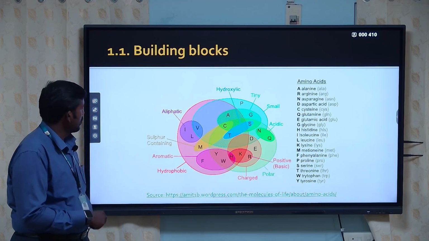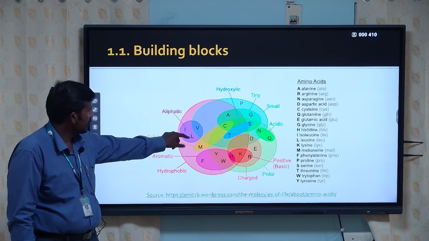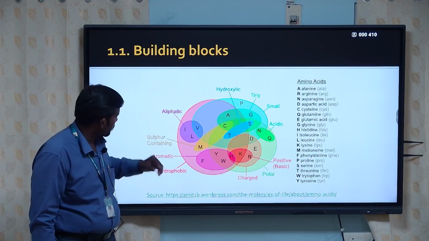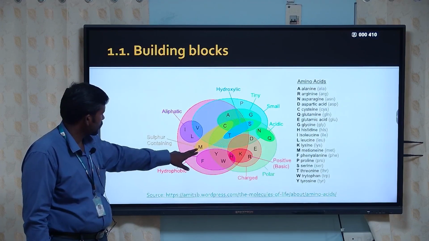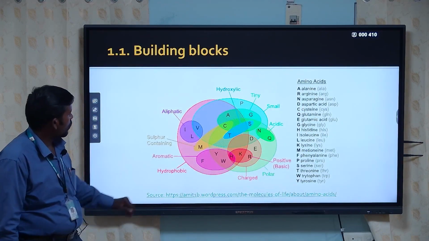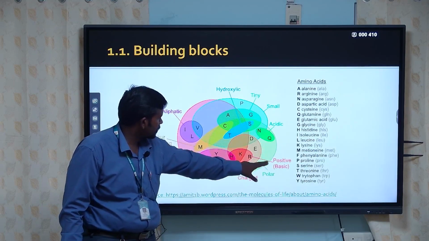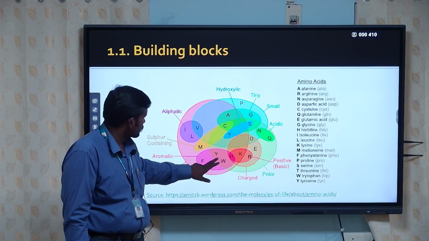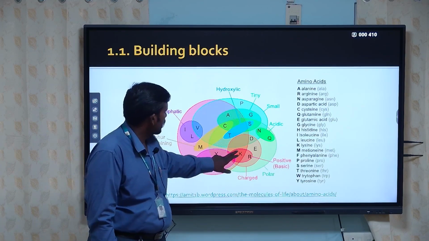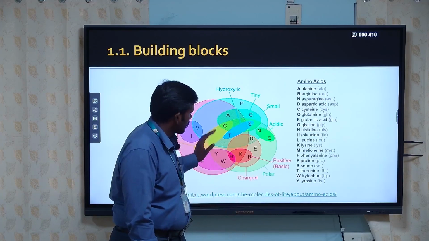For example, there are aliphatic amino acids, isoleucine, leucine and valine, and sulfur containing amino acids in yellow color, methionine and cysteine, and there are polar residues. Polar residues are this whole green circle, with cysteine, tyrosine, tryptophan, histidine, lysine, arginine. So there are n number of amino acids.